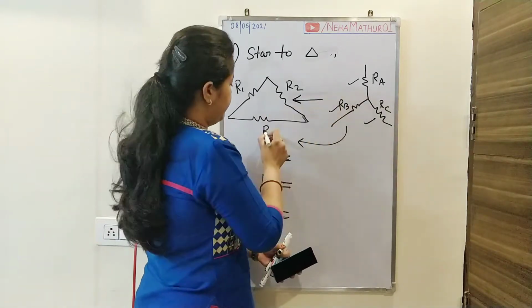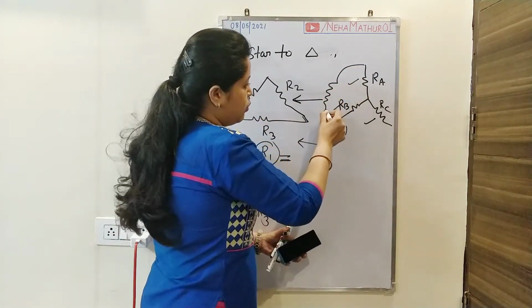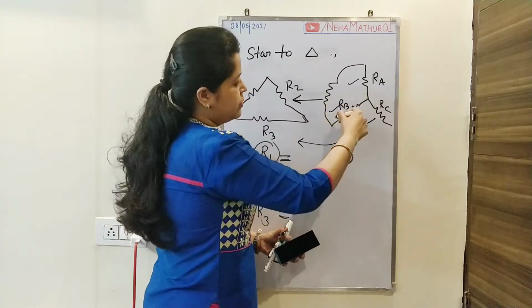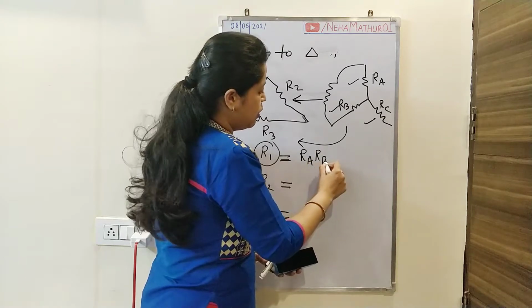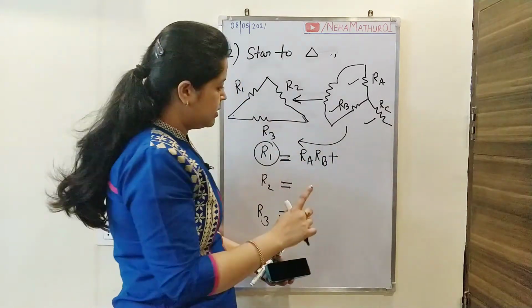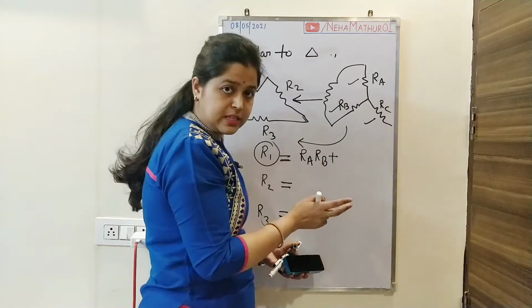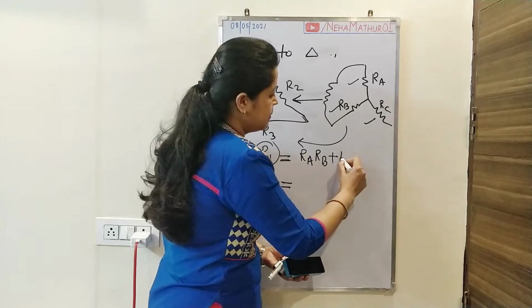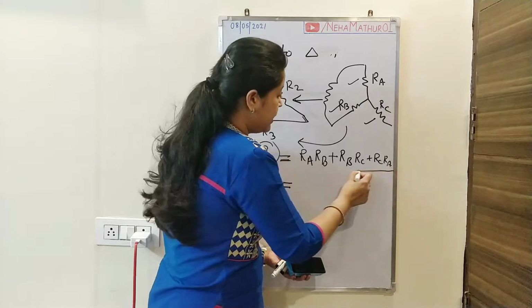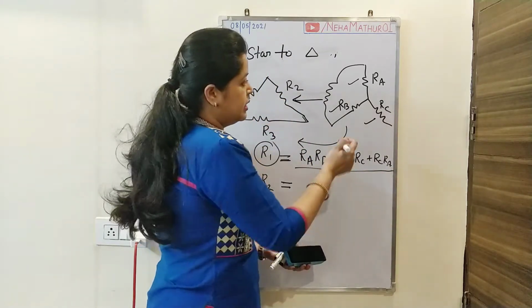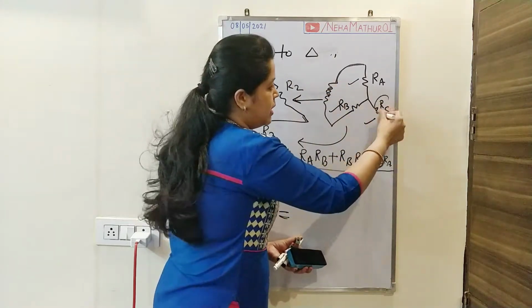See, for the calculation of R1, which will be equivalent to the circuit in the form of this branch, the process is multiplication of each of the two resistances, and then their sum, like RA RB plus RB RC plus RC RA, divided by the opposite branch. In this case, R1 is going to be considered over here, so the opposite branch will be RC, so divided by RC.